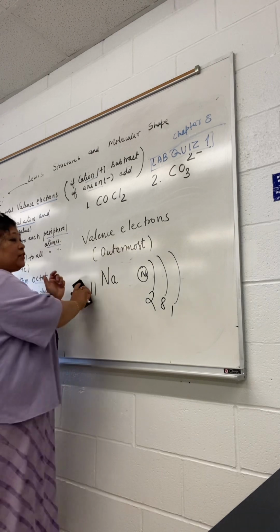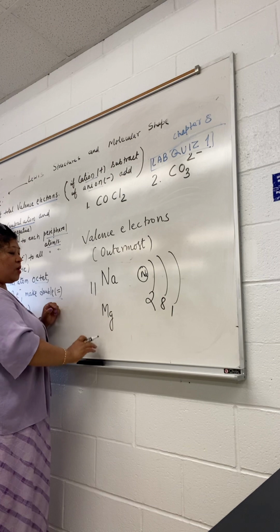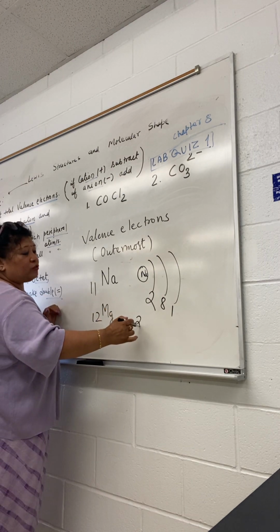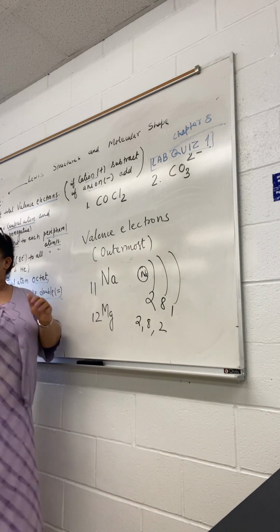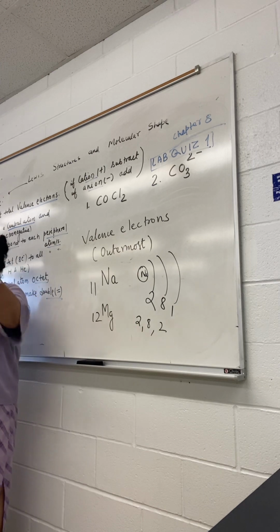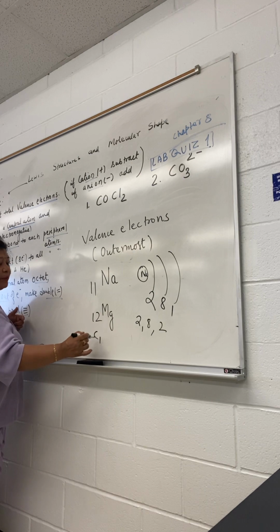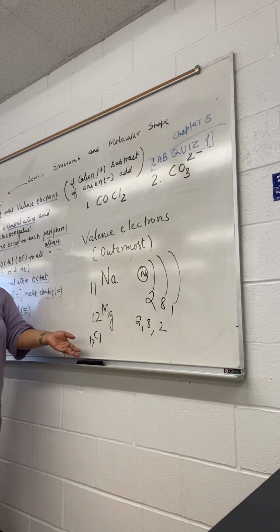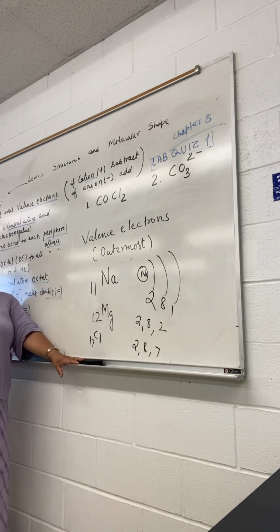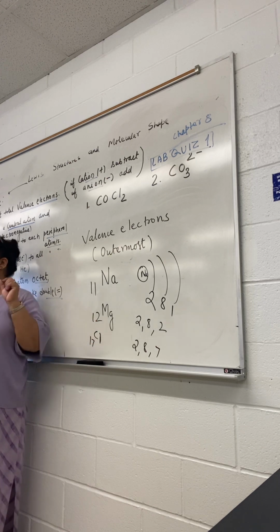Similarly, magnesium is 12, so it will be 2, 8, and 2 in the last one, so the valence electron count is 2. And one more final example: chlorine has 17 electrons, 2, 8, and the last shell has 7, so the valence electron count for chlorine is 7.